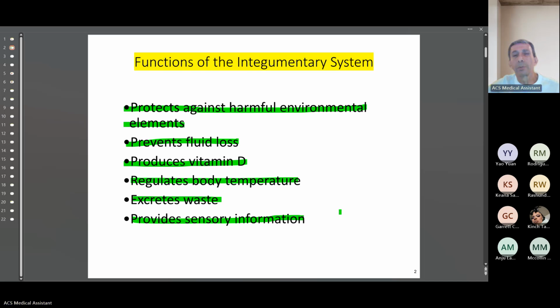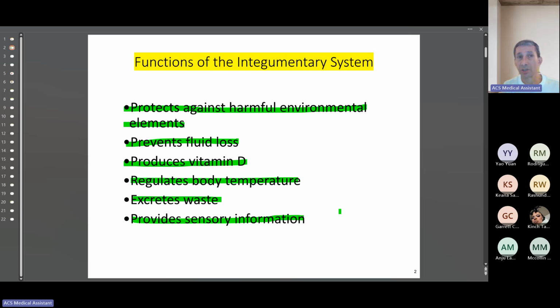All right. Provide sensory information. Oh, wait a minute, what is the sensory information? Very easy. We feel the touch. We feel heat when the temperature is high, and when it's cold, we feel it through the sensors that we have in our skin.